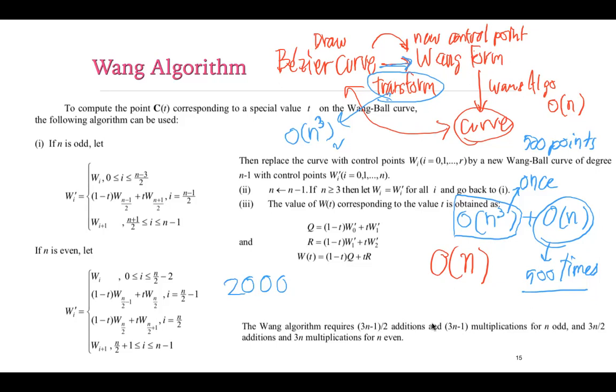And then we can use Wang algorithm in order to calculate for the points on the curve. So that's why Wang algorithm or Wang-Ball curve came to be very popular, because of its linear time computation.